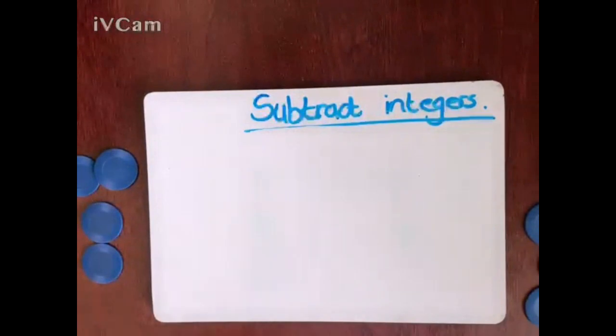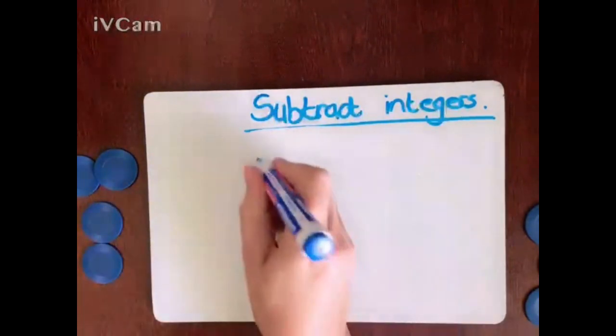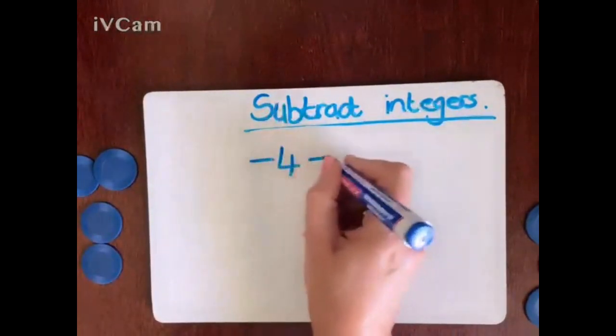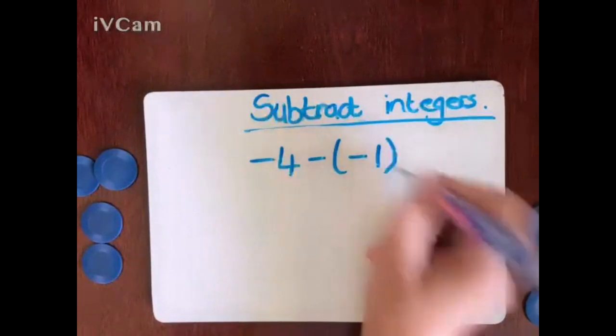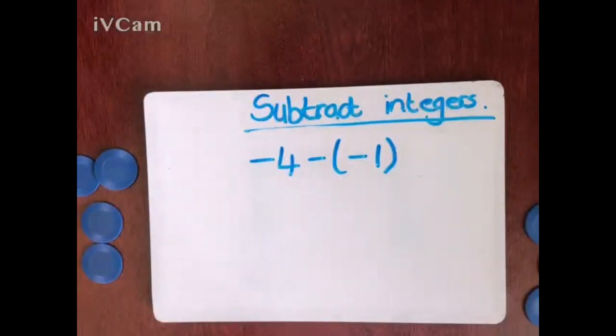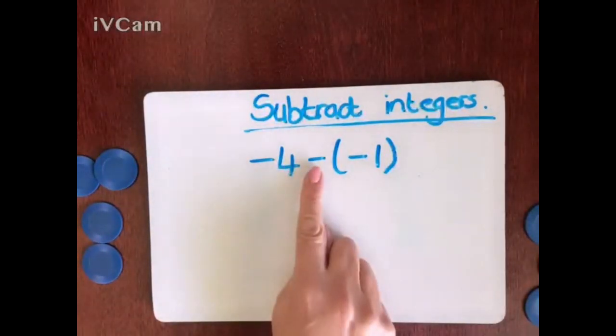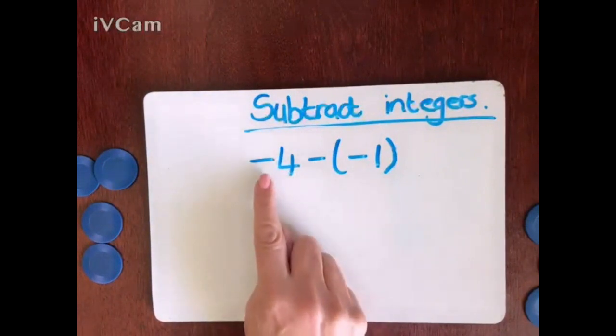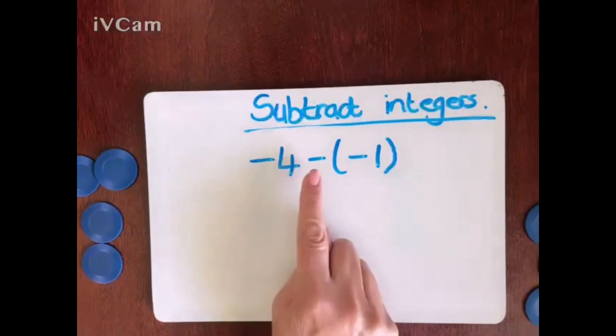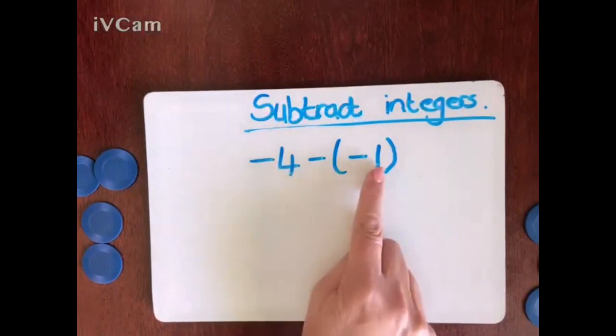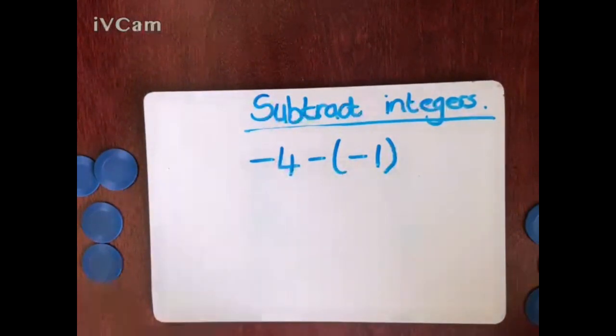Another example. -4 minus -1. So what is this? It means I'm going to subtract. I've got 4 red Smarties, and I'm going to give away 1 red Smartie.